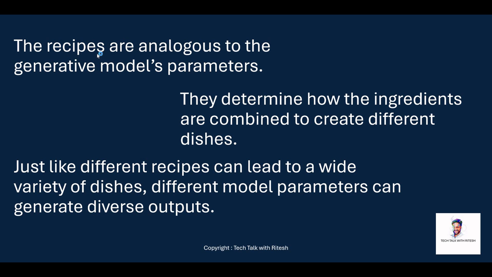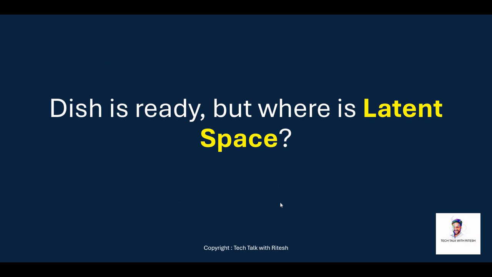The recipes are analogous to the generative model's parameters. They are related to what you are cooking, what is there in the recipe. They determine how the ingredients are combined to create different dishes. Just like different recipes can lead to a wide variety of dishes, different model parameters can generate diverse outputs.